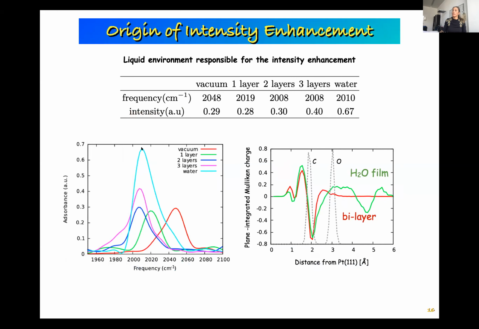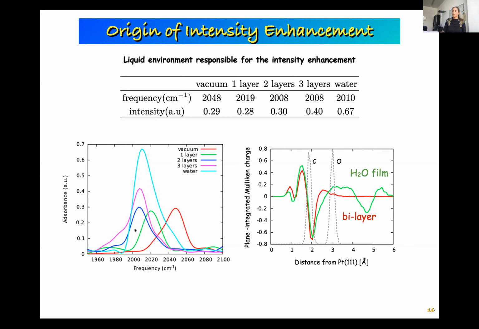Also the intensity change, so the enhancement in the intensity, can be justified by the presence of the water bulk behind the first adsorbed layer. And this is due to the enhancement of the field that is at the interface, and it's not possible to see this enhancement in the intensity if you just have one or two water layers.